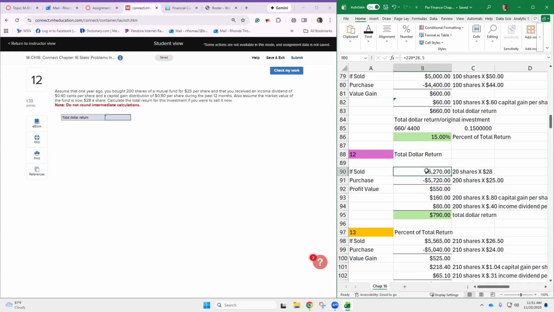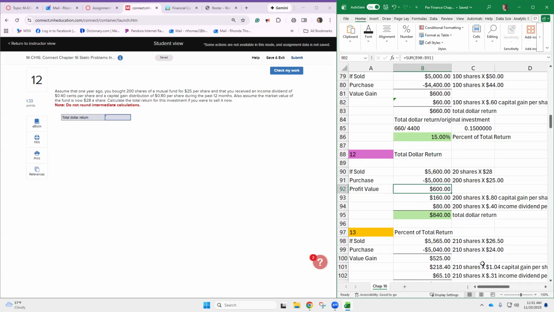When we sold them, we take 200 times $28, which is $5,600. I've got to go back and put in the right amount for what we paid: when we purchased it, we paid $25.